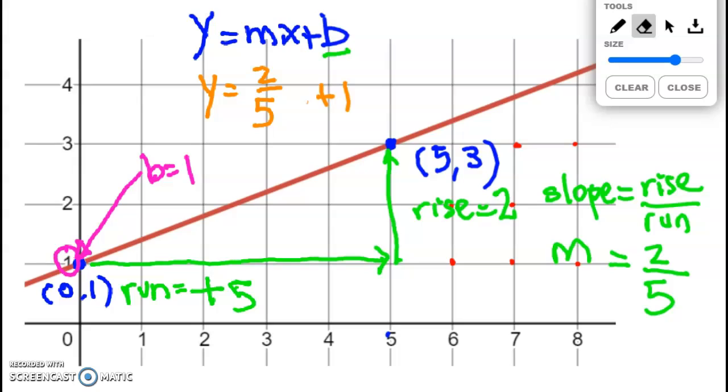It's just y is equal to 1 and 2/5. That's not what we want. We do want the x right there. That's the input there. So that's my equation. Whoops, sorry. Okay, so y is equal to 2 over 5x plus 1.